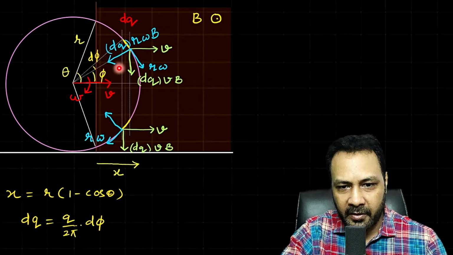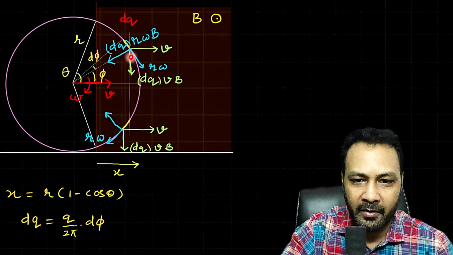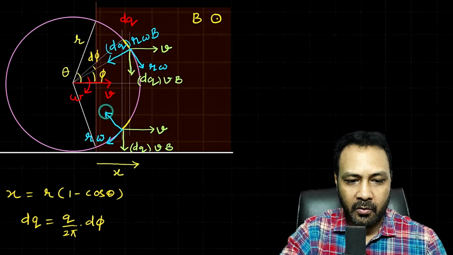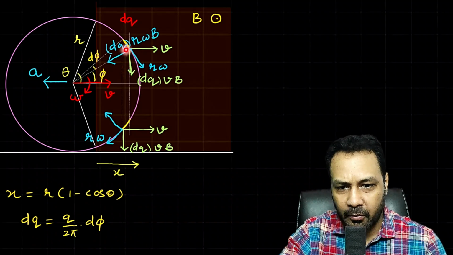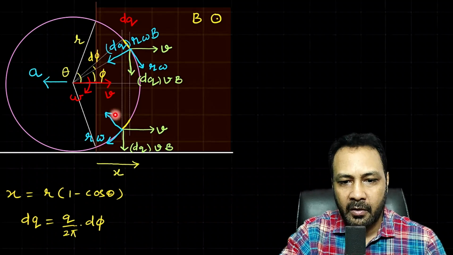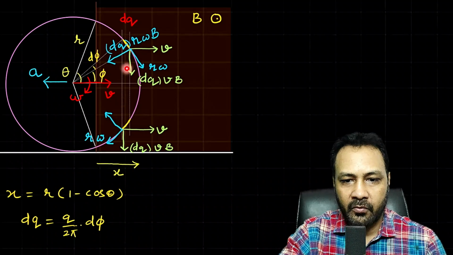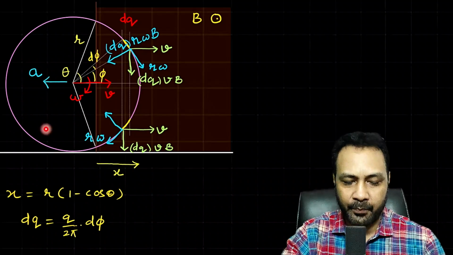So let me first get the acceleration of the center of mass. For that we'll find the net force on the system of the ring. So the acceleration would be, because of these components dq r omega B, one component would be here, and for this one component would be here, and the vertical components would cancel, so there will be acceleration towards the left.